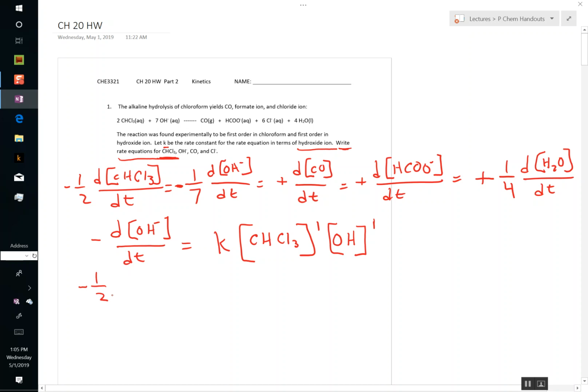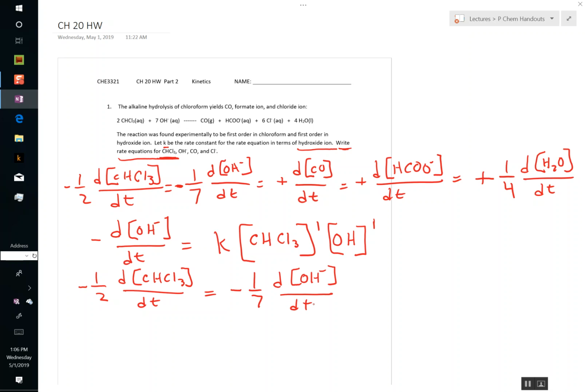Minus 1/2 d[CHCl3]/dt equals negative 1/7 the change in the hydroxide ion with respect to time. Now let's multiply both sides by 7.